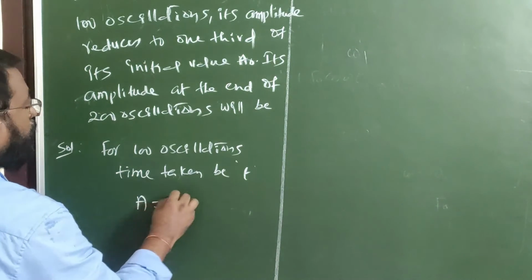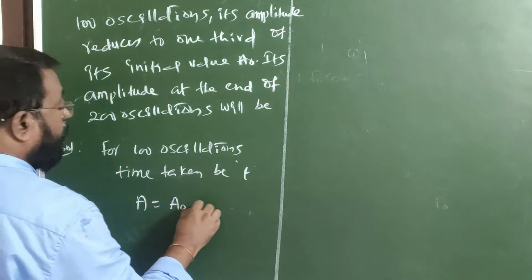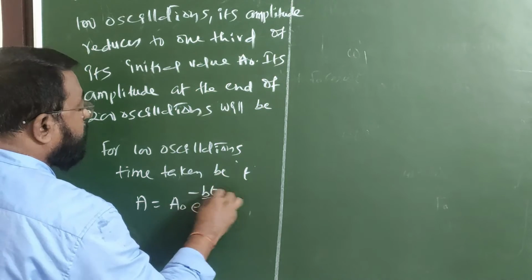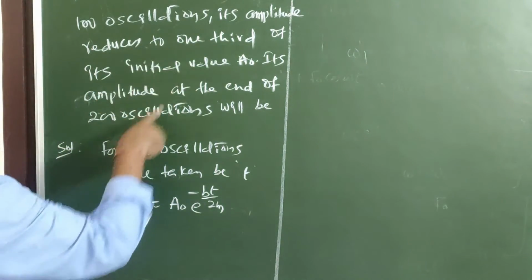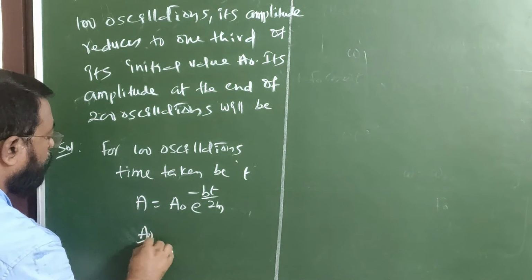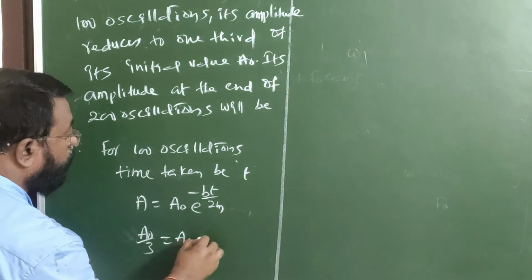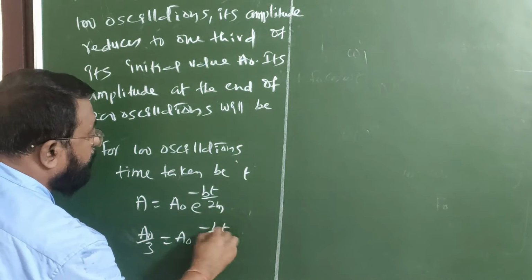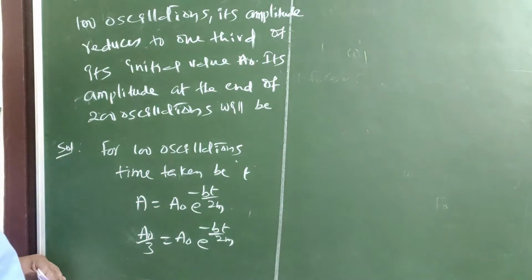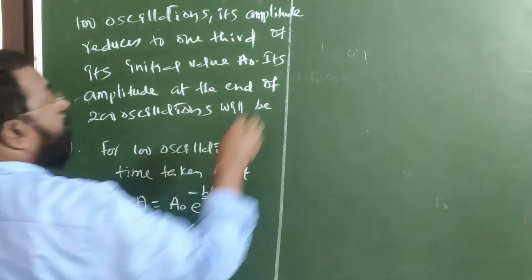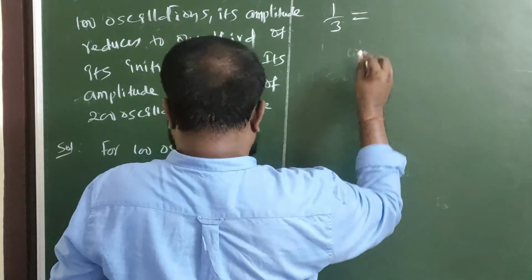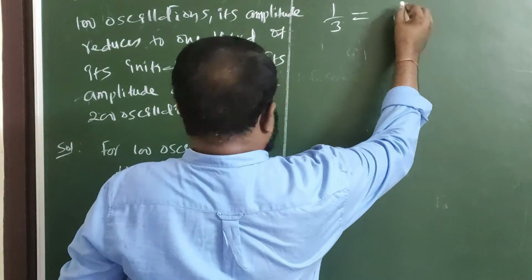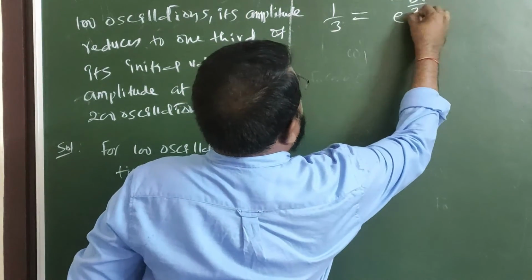This becomes A is equal to A0 into e to the power of minus bt by 2m. In that, the amplitude becomes 1/3. Therefore A0 by 3 is equal to A0 into e to the power of minus bt by 2m. A0 cancels. This becomes 1 by 3 is equal to e to the power of minus bt by 2m.